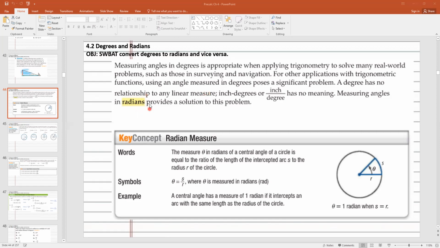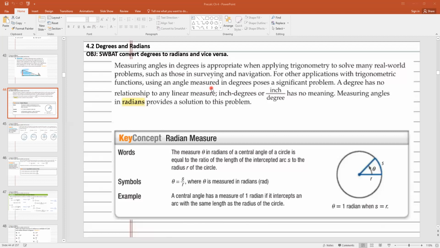Otherwise it's going to be in radian mode, and radian mode is actually the unit that we want when we're calculating real life situations. So when you go to chemistry, physics, you'll be calculating using radians instead of degrees, okay?